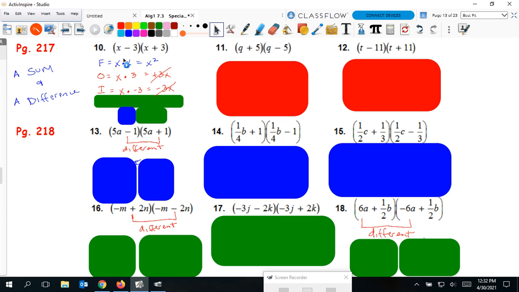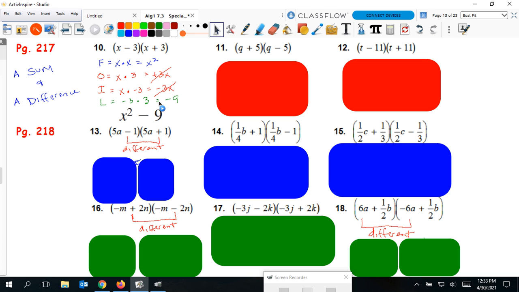The inside is x times negative 3, which gives you negative 3x, and those will cancel out when you combine them. So you're not going to have your outside and inside. Your last terms would be the negative 3 and the positive 3, and that's going to be negative 9. So our answer for this one is your first term, x squared, and your last term, the minus 9. That's our answer, and we would call that a difference of two squares binomial.